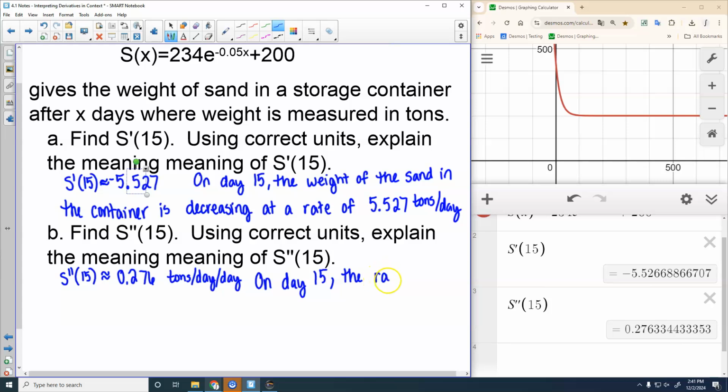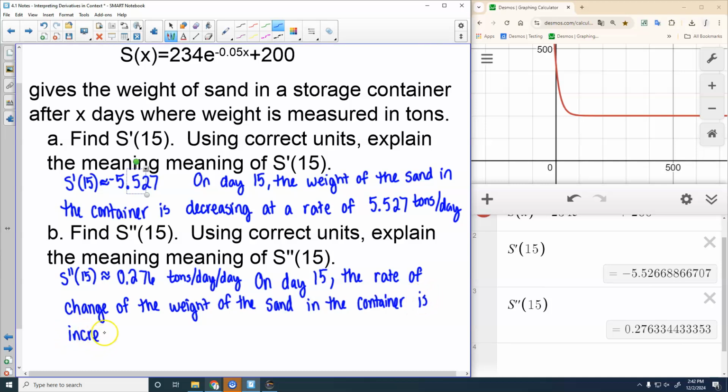So the rate of change of the weight of the sand in the container is increasing at a rate of 0.276 tons per day.